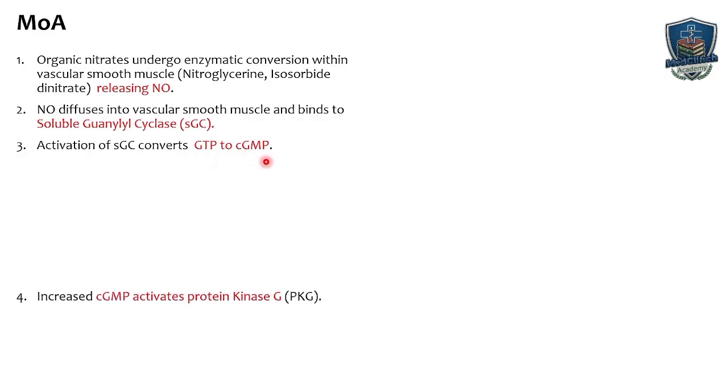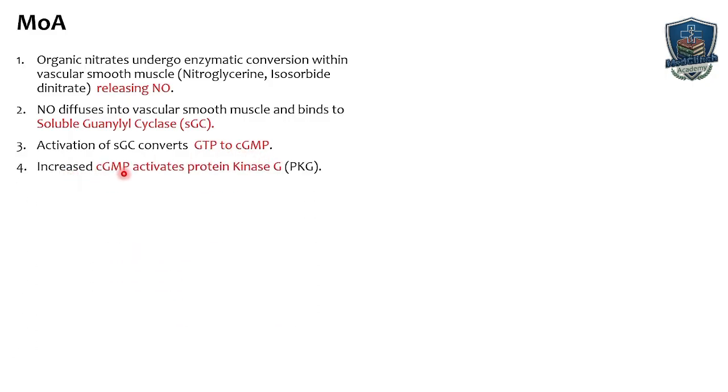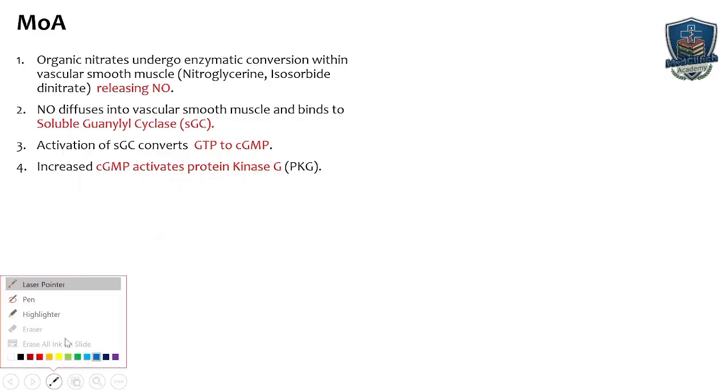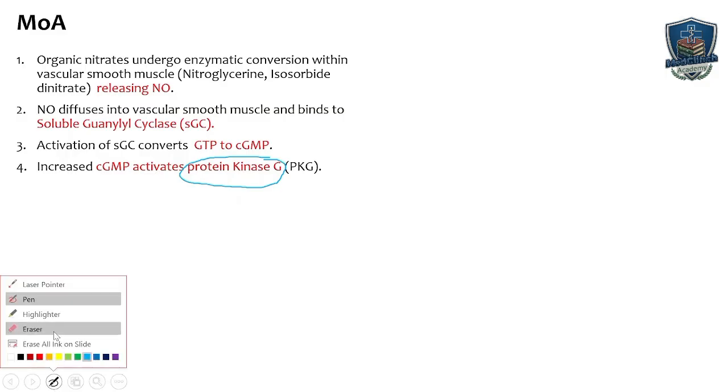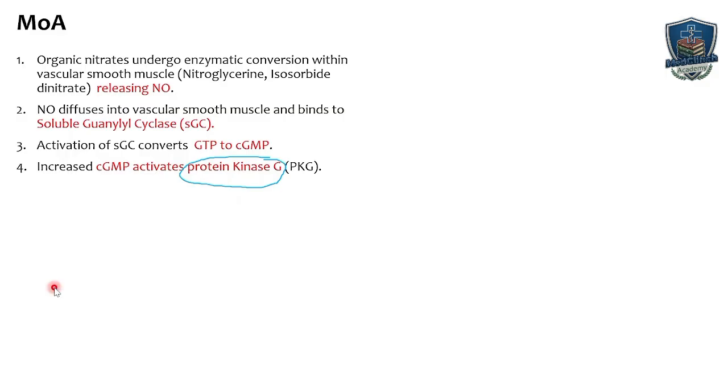When we have the cGMP, it will activate our protein kinase G. And remember, our protein kinase G is our principal mediator. We need to have it. This is the one that will help in mediating vasodilation.